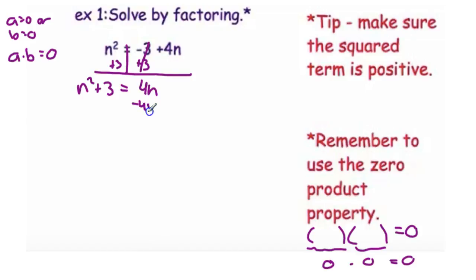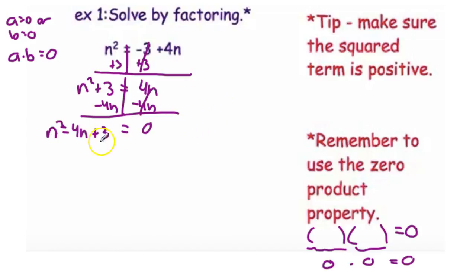Then I'll do minus 4n minus 4n. That cancels, so this side is 0. And then if I want it to be in standard form, the highest exponent goes first. So n squared, and then the next highest exponent would be the 1 on top of that n, so minus 4n, and then a plus 3. So it's a quadratic we have in standard form.